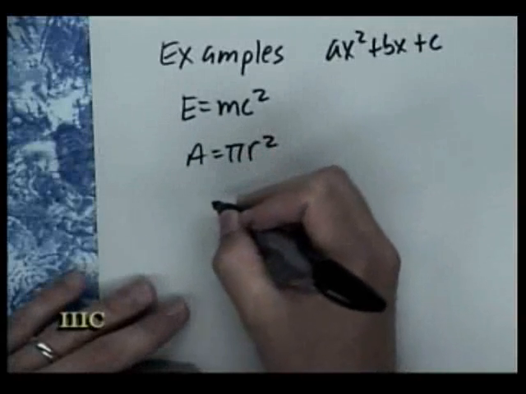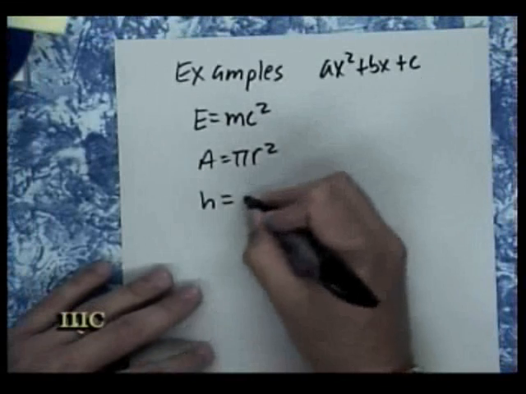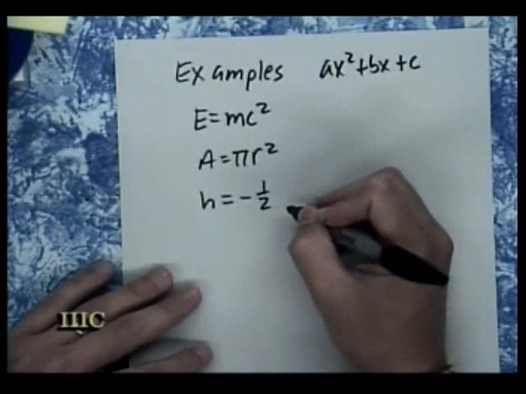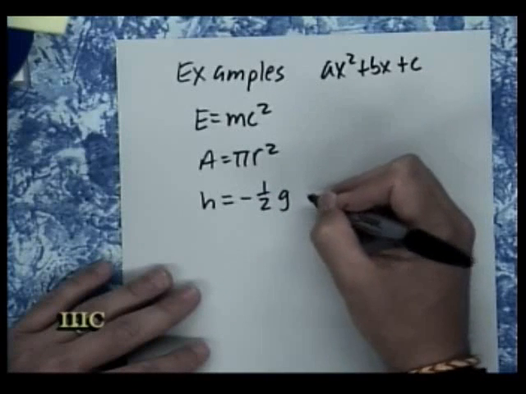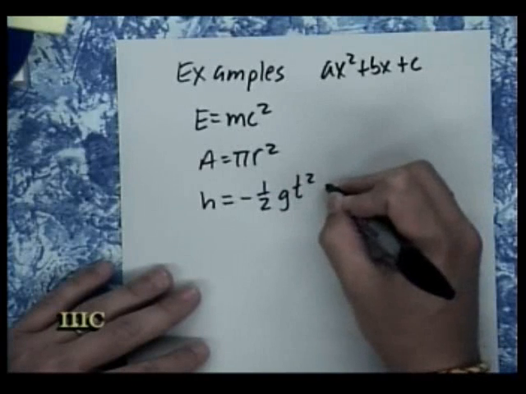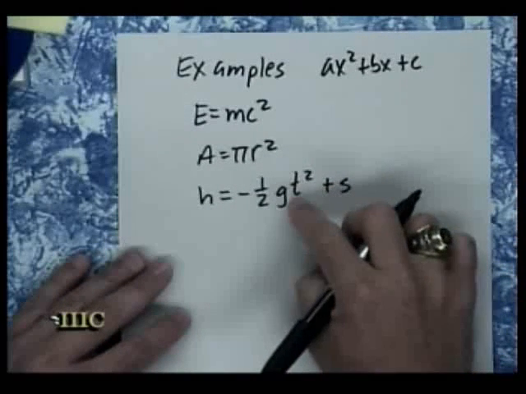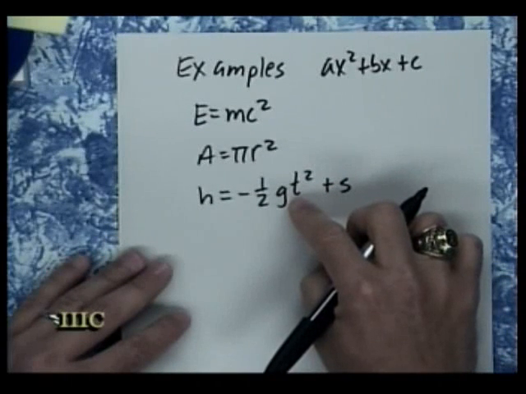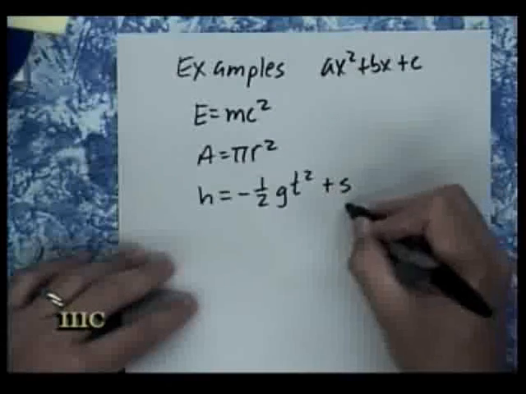And then one that we'll be using quite a bit is a formula that represents the height of an object dropped from some height. The height of an object after t seconds when it was dropped from this height. This is the formula we use.